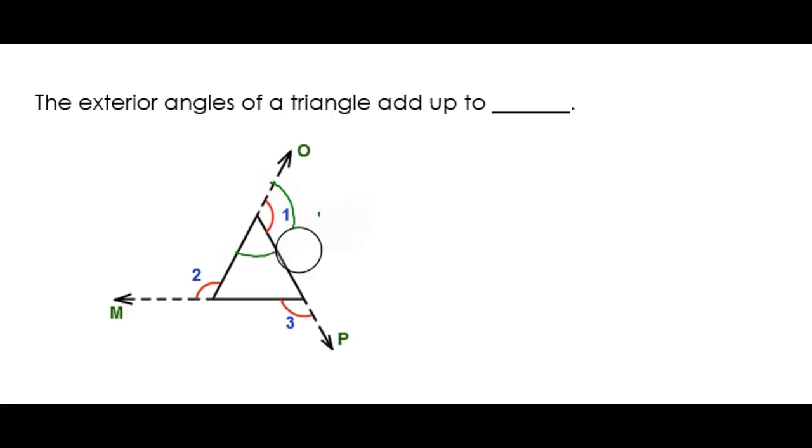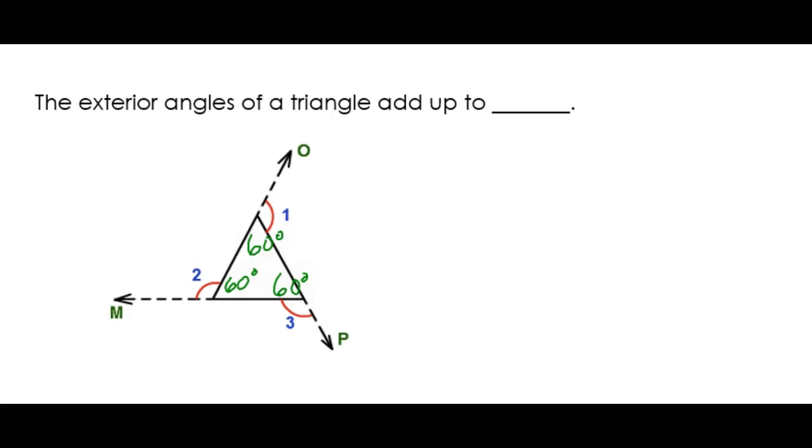Then I know that each interior angle is going to be 60 degrees, and that adds up to 180. But the exterior angles don't necessarily add up to 180 degrees. Let's see what they have to add up to.